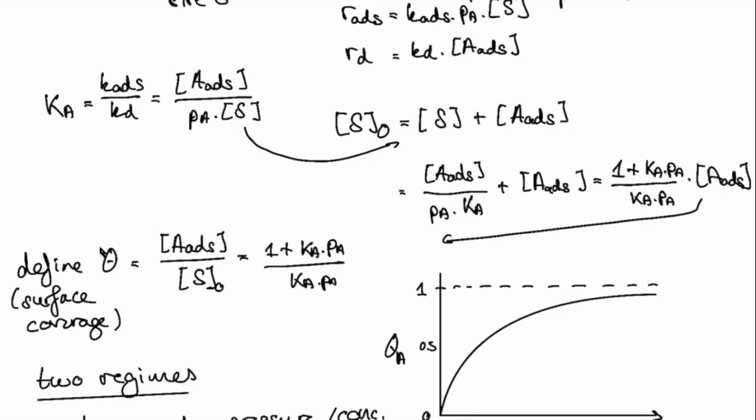Right. Okay, let's erase this. So this would be, sorry about that, Ka times Pa over 1 plus Ka times Pa. Let me check.